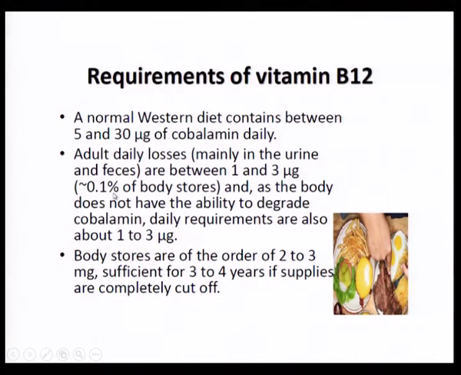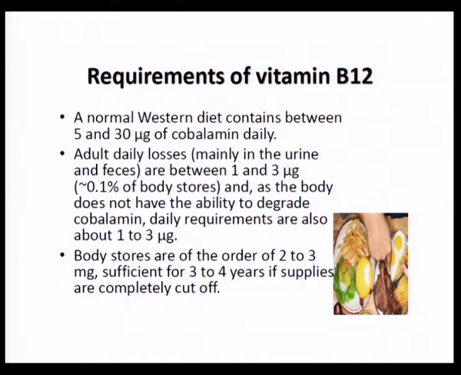On average, people might need around 2.5 micrograms of vitamin B12 every day. The body stores are probably in the range of 2 to 3 mg. So you could have sufficient storage that could last for years.